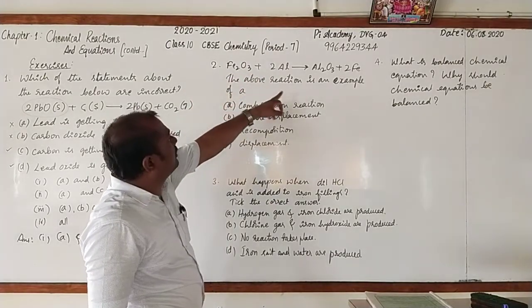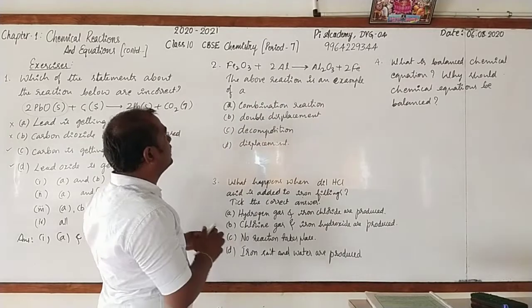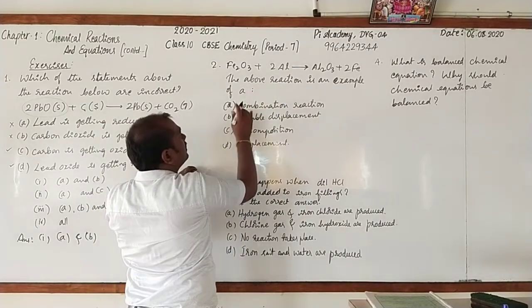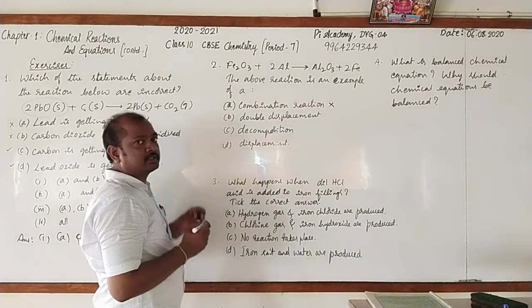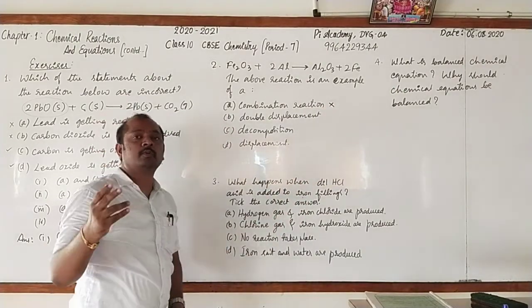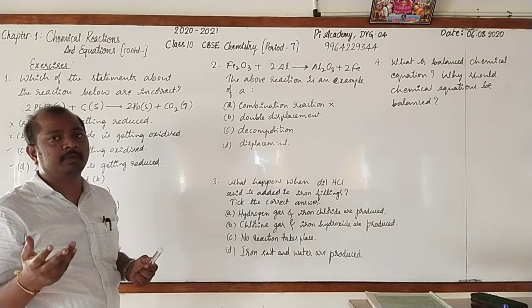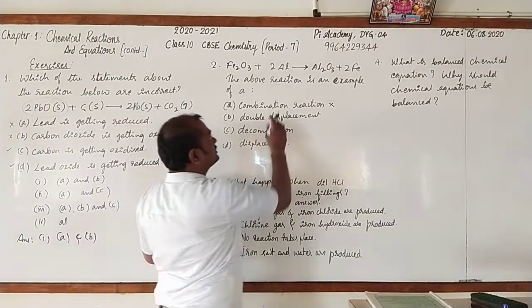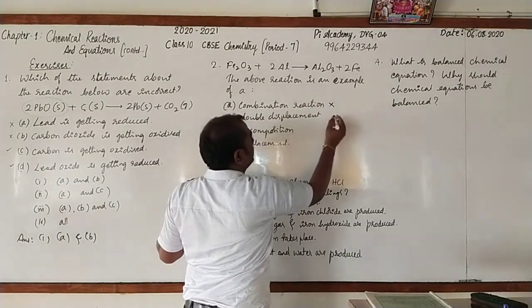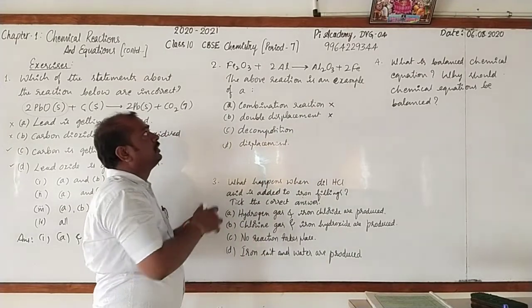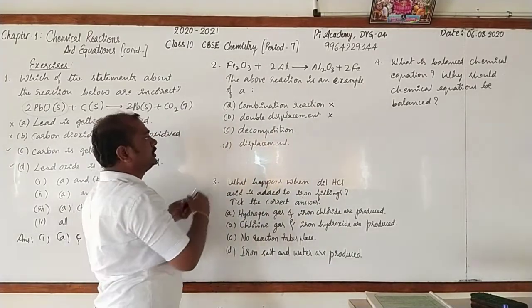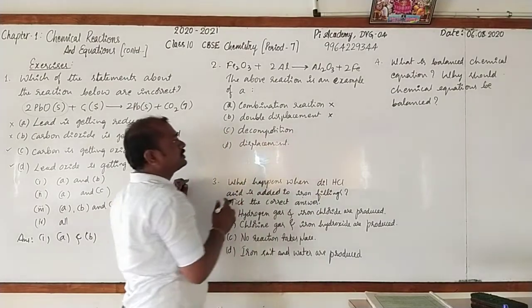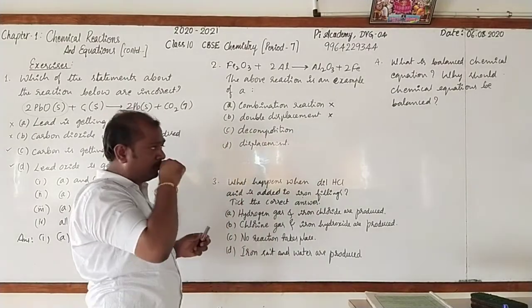The above reaction is an example of whether it is combination. No, because in a combination, two or more reactants combine chemically to form a single substance. Then double displacement. Here ions are not getting exchanged mutually, so it doesn't come. Decomposition reaction.